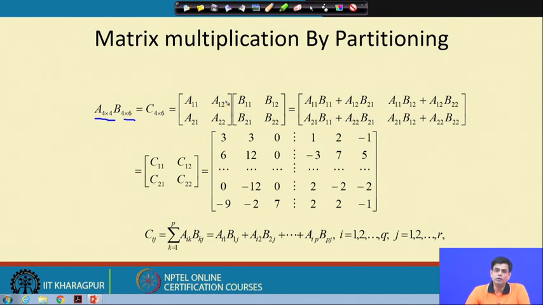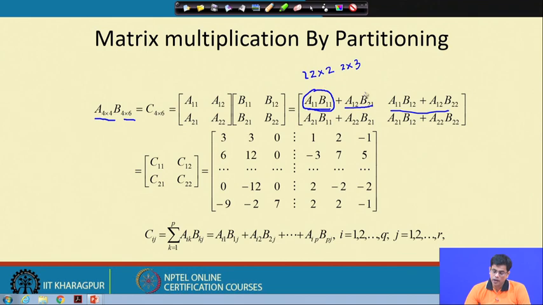So, if we multiply A and B together in the partitioned block matrix form, then it is A11 B11 plus A12 B21 and so on. Importantly, this is the multiplication of A11, which is 2 cross 2, and B11, which is 2 cross 3. Similarly, A12 is also 2 cross 2 and B21 is 2 cross 3.